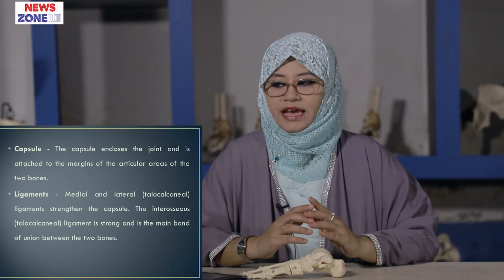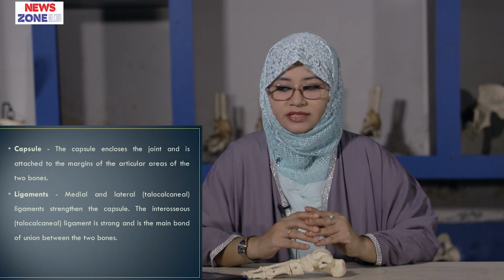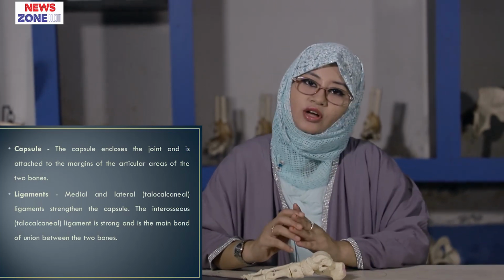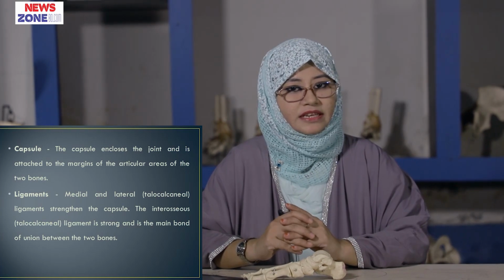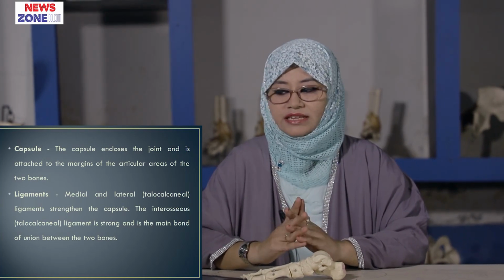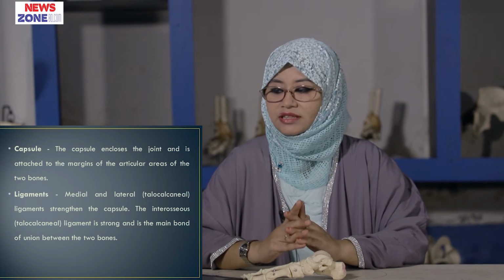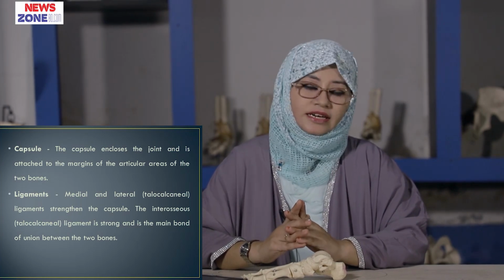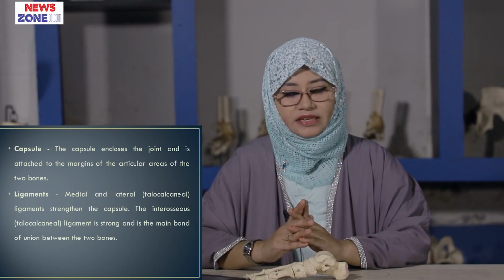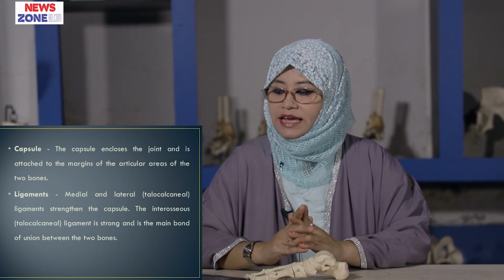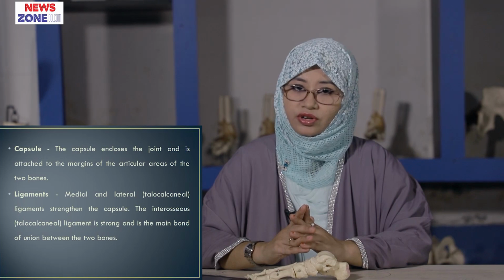The capsule encloses the joint and is attached to the margins of the articular areas of the two bones. Ligaments are the medial and lateral talocalcaneal ligaments which strengthen the capsule, and there is also the interosseous talocalcaneal ligament, which is strong and is the main bond of union between the two bones.